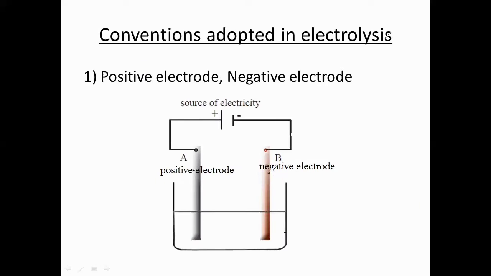Now we are going to discuss the conventions adopted in electrolysis. The first convention is that the electrode connected to the positive terminal of the battery is known as the positive electrode, and the electrode connected to the negative terminal of the battery is known as the negative electrode.